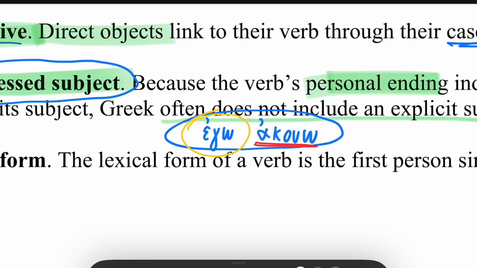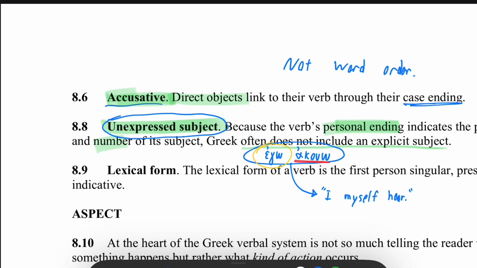And in that case, it may be valuable to translate this as something like I myself hear. Really just drawing out that idea of me. I'm really talking about me right now. I myself have heard. I myself hear. So that's the idea of an unexpressed subject.